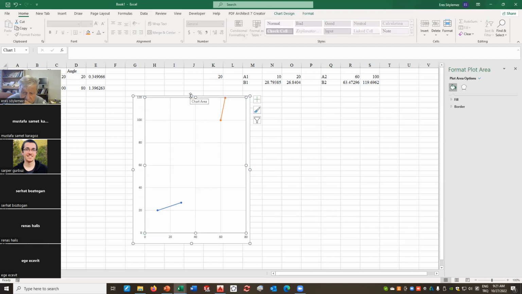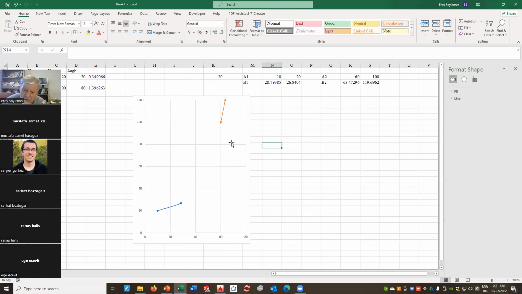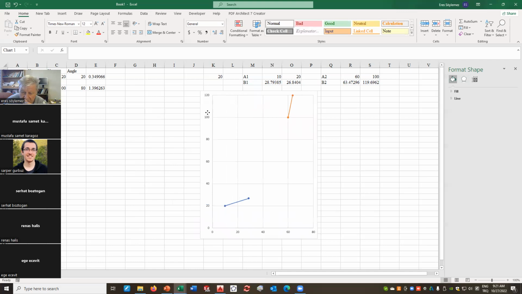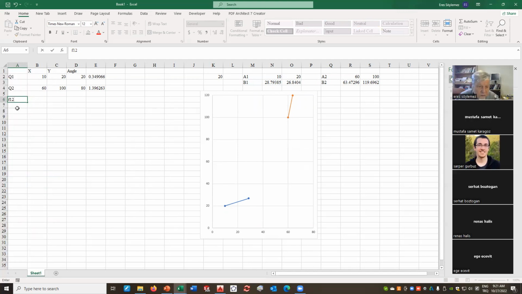I want to determine the pole. Where is the pole? Well, later on, I can do it. All you have to do is, number one, phi 1, 2. This will be symbol.